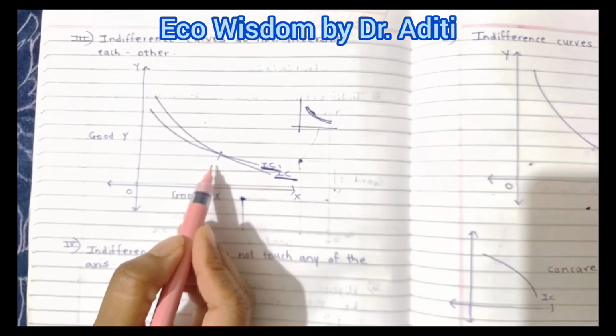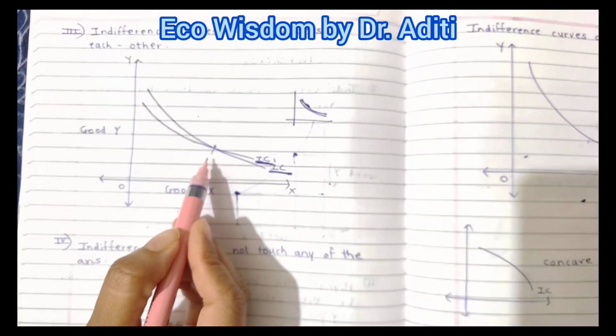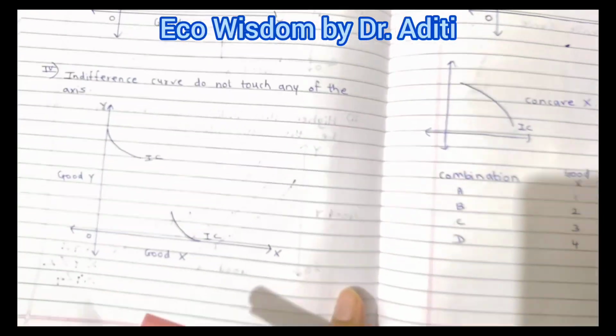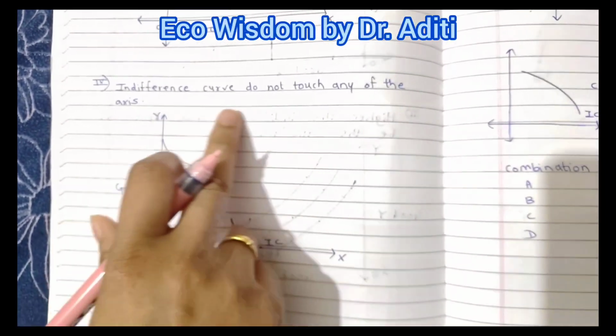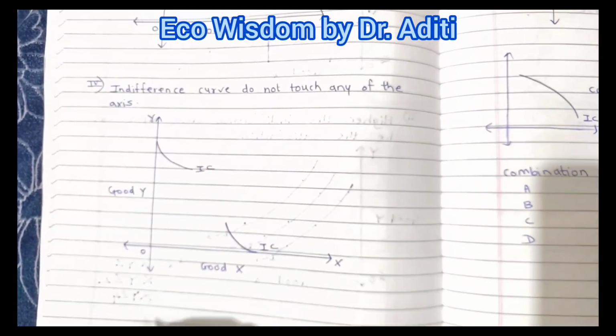So there cannot be a point of intersection or a common point when we talk about indifference curves. Then there is the fourth property, which is that indifference curves do not touch any of the axes.